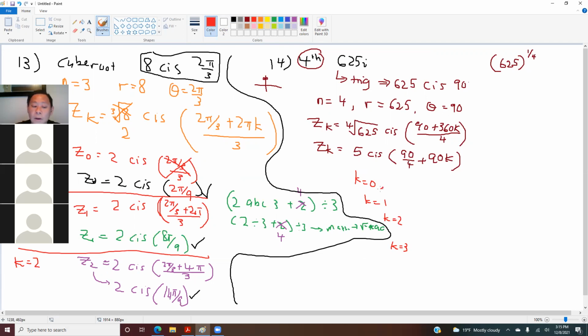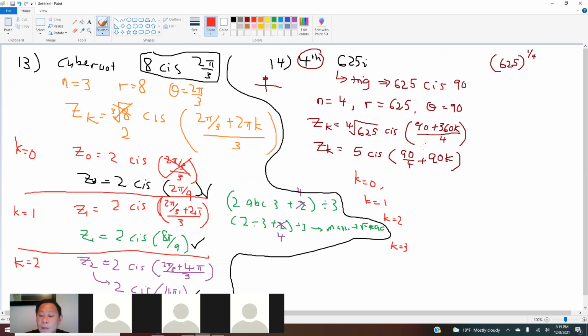Okay. So in order for us to find the z0 answer, you just need to replace your k to become 0. So you get 5 CIS 90 over 4. They want to know what 90 over 4 is. 90 divided by 4 is 22.5 degrees.